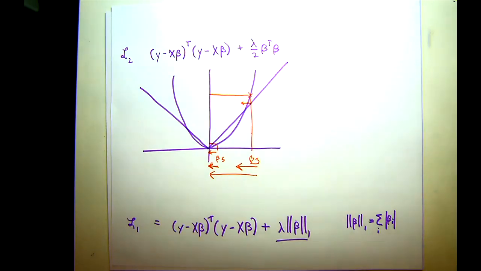We can't differentiate that L1 term, and so minimizing this is much more complicated than simply taking the derivative, setting it equal to 0, and solving some nice linear system. When we solve things that have L1 regularization in them, we have to play some games, and the techniques for solving them are fairly complicated. We're not going to go into them.